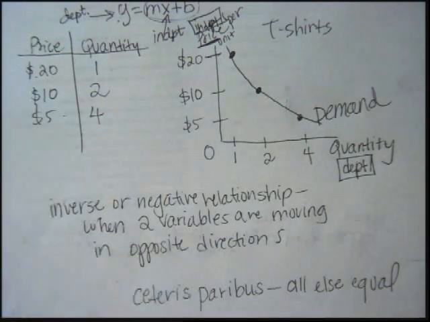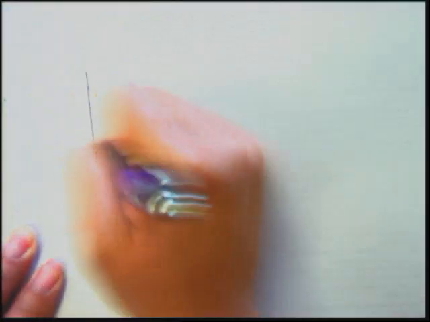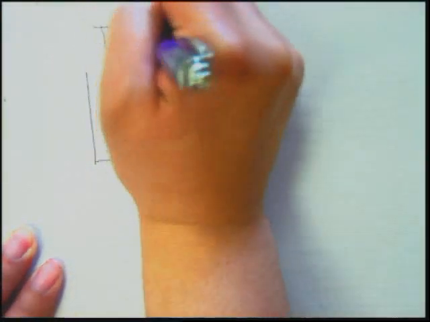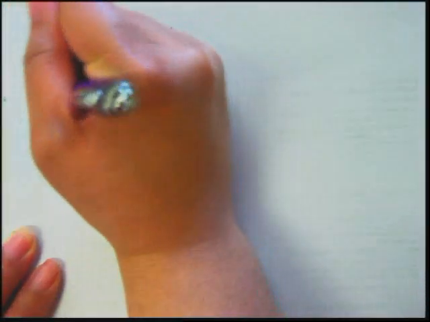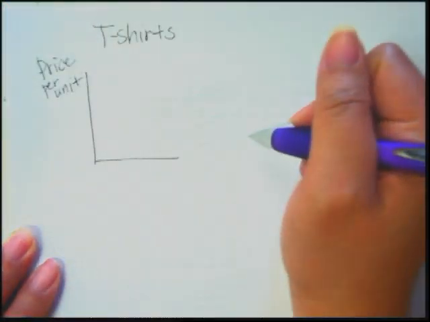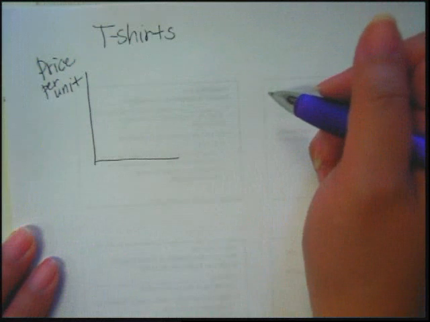One more thing that I wanted to point out. I'm going to rebuild our t-shirt graph over here. Okay. Remember, this is price per unit over here on the vertical axis. That means price per t-shirt.